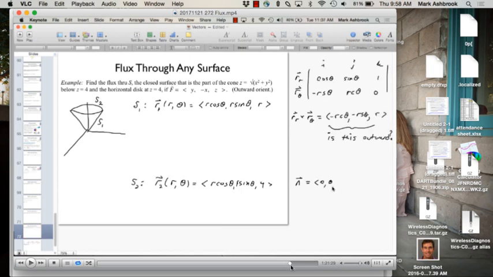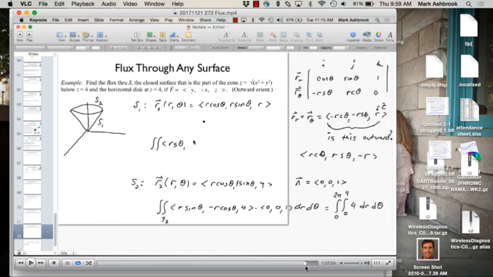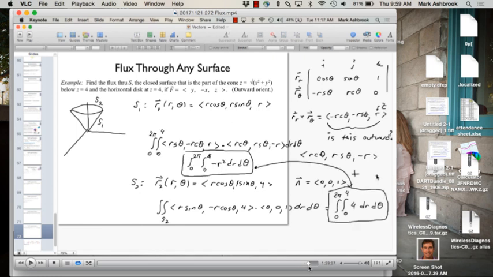This one. And so the actual cone part, S1, was the flux through the closed surface, that was the cone and the top disk. For the cone we did it by the cross product, so that's fine.